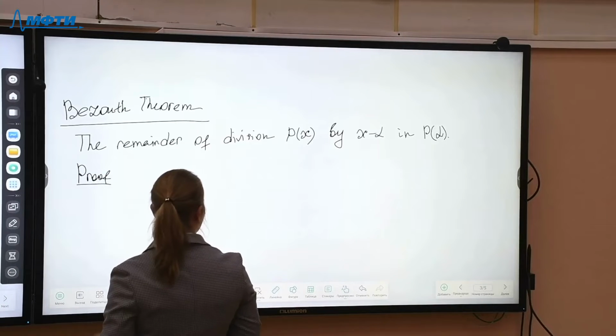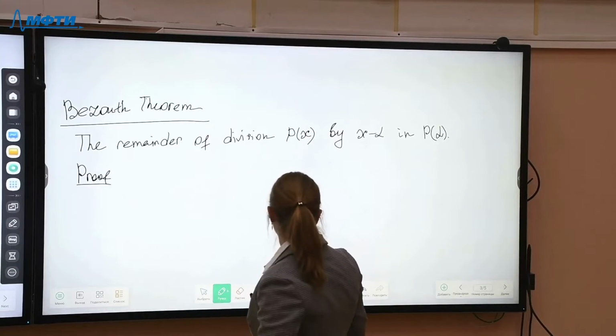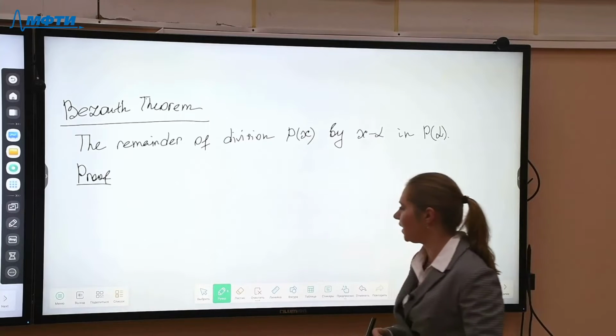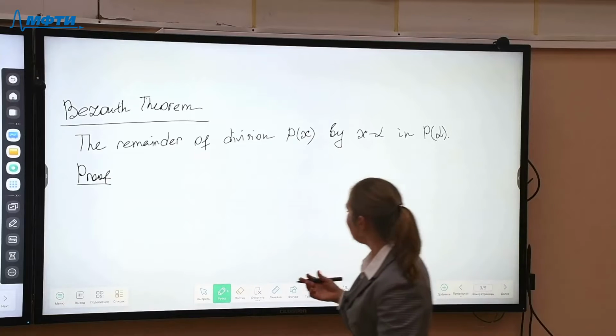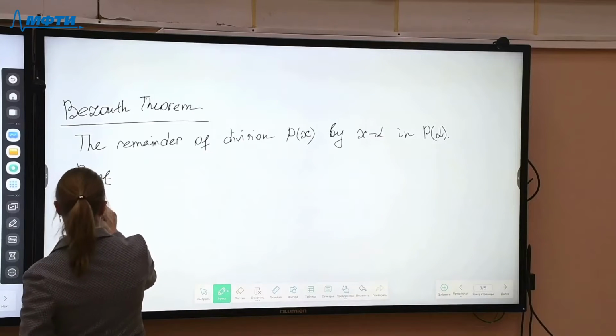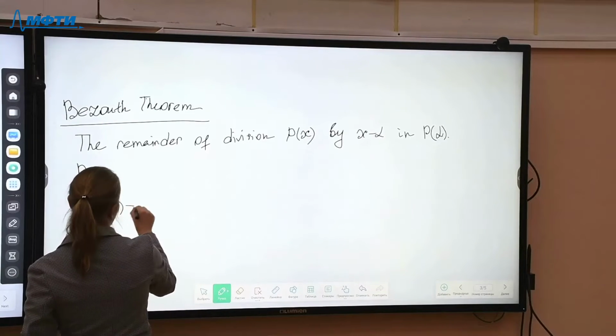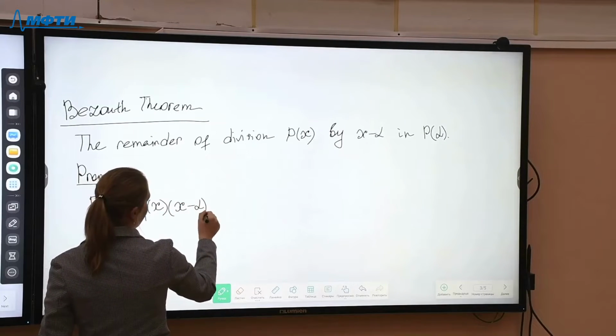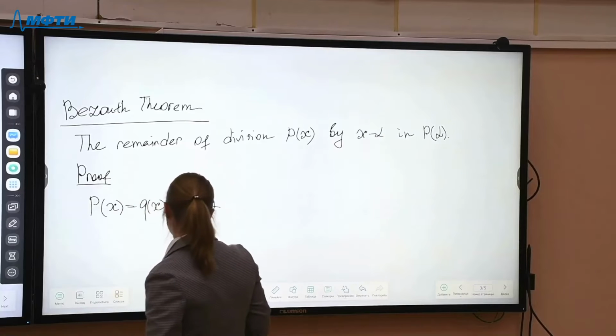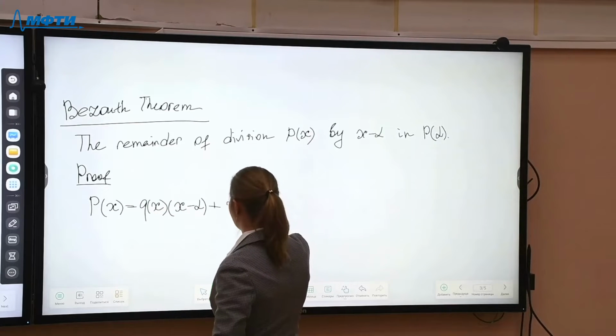Let's prove it. So we divide p of x by x minus alpha, and for example, let the quotient be q of x. So we can write down that p of x is q of x by x minus alpha, and plus our remainder, let's say it is r.